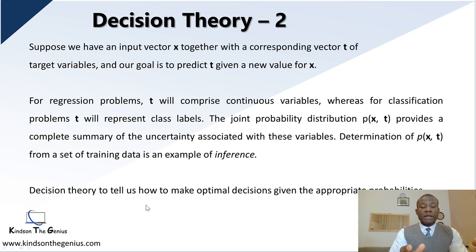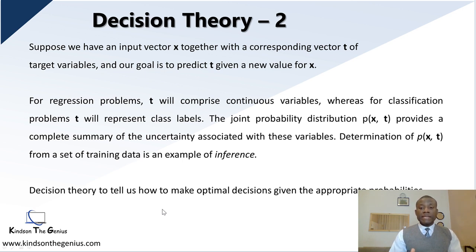So let's look at a little bit of the theory. Assuming we have a set of input vectors x and corresponding target vector t of target variables, the goal is to predict t given x. For regression problems, t will comprise continuous variables, whereas for classification problems, t will represent class labels.